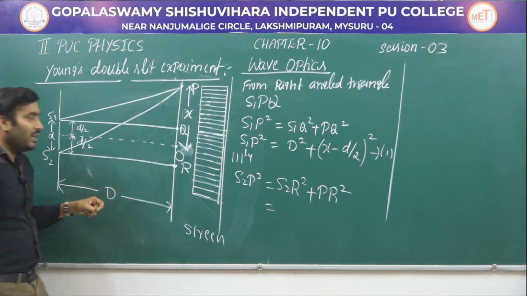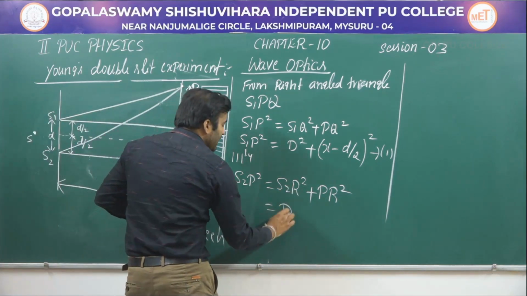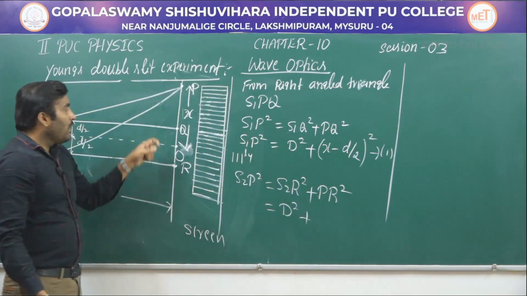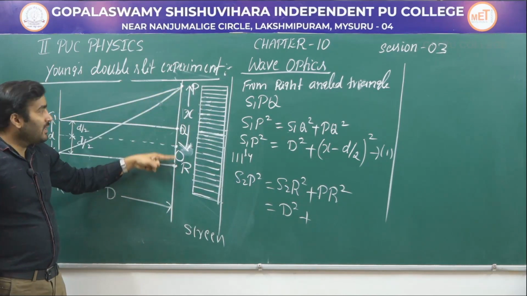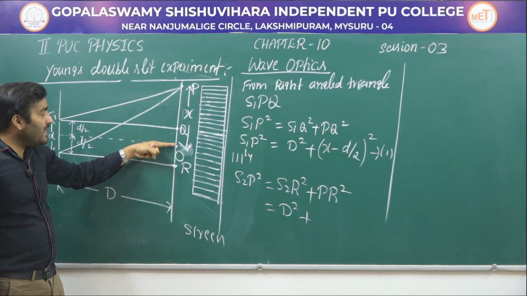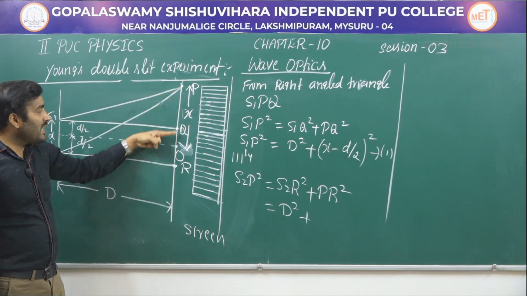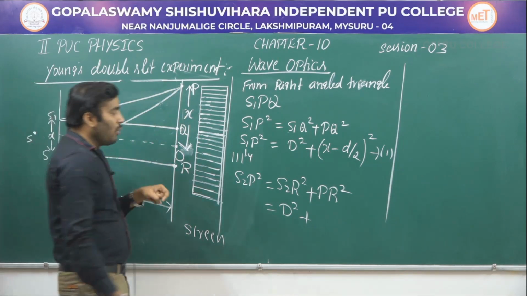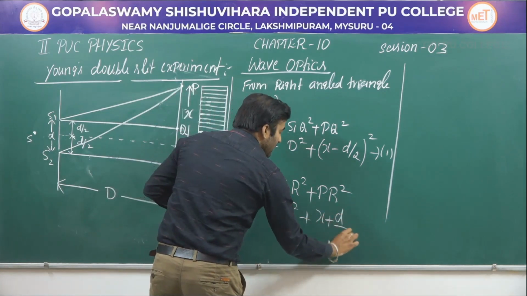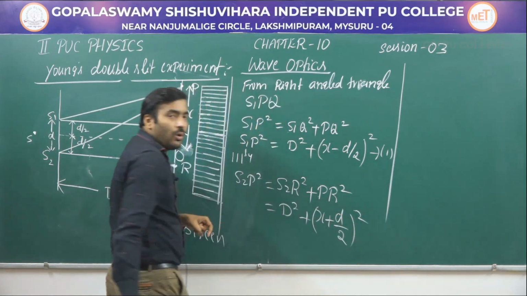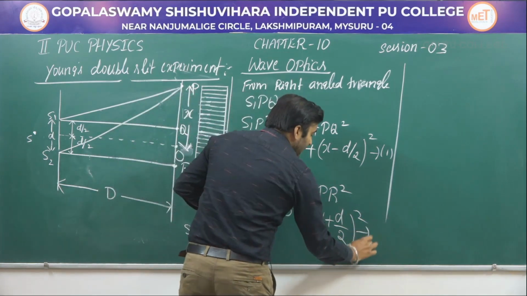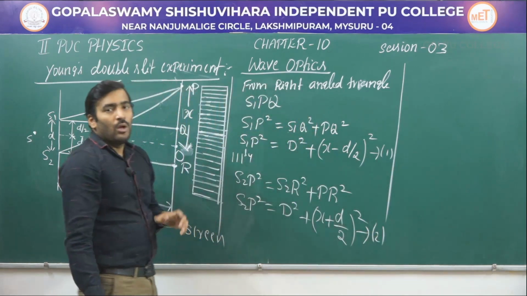Therefore this will be D square plus PR square. PR is nothing but PO plus OR. PO is taken as x and OR is nothing but d by 2. Therefore this will be x plus d by 2, the whole square. Take this as equation number 2.